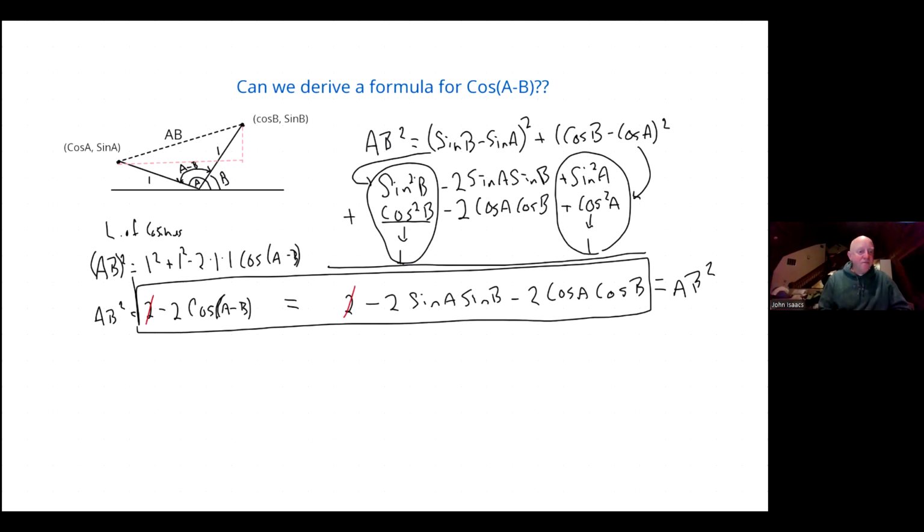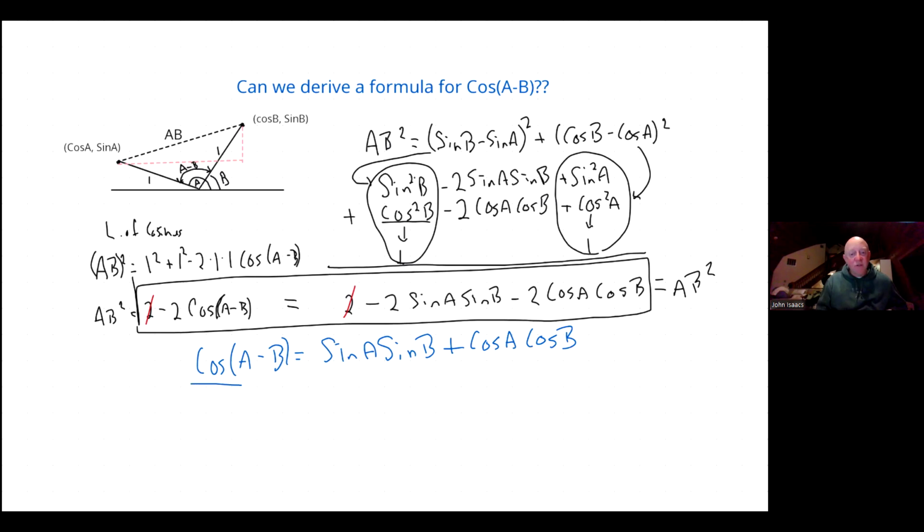Our result is going to be cosine of A minus B equals sine A sine B plus cosine A cosine B, because we're factoring out a -2. If we divide the whole statement by -2, we wind up with plus signs everywhere.